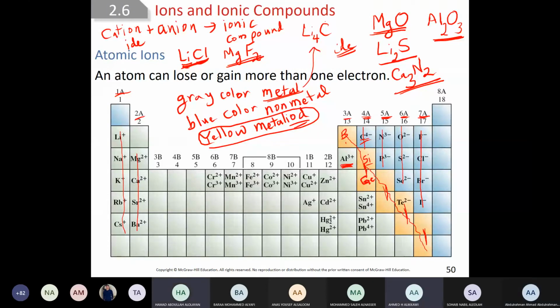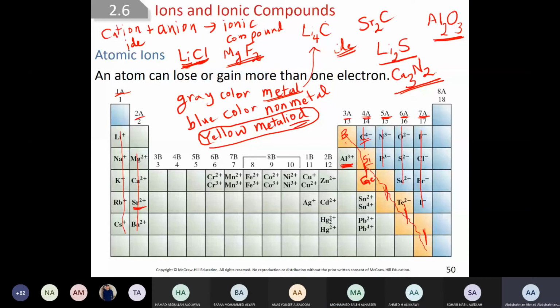Okay, I have a question. Yeah, but before you ask your question, let me give you another example. If I have, for example, strontium with carbon. This is strontium in group 2. How to balance it? 2 to 1, exactly.